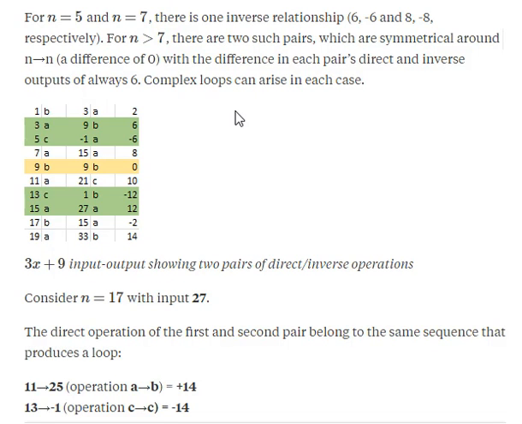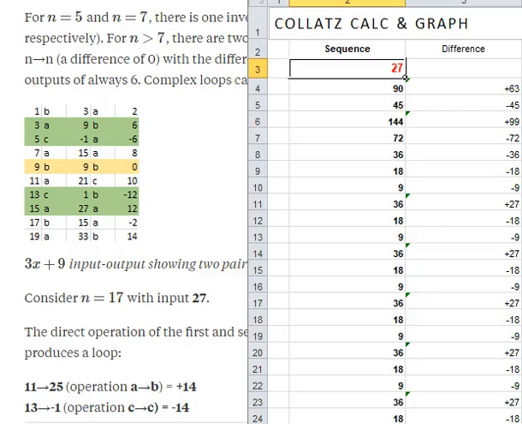So in the trivial loop for 1, it's 1, 4, 2, 1, and in this one it's a little bit different. It's going to be 3 times 9, 27, plus 9, 36, and then you have 18, 9. And so that's very easy to demonstrate.